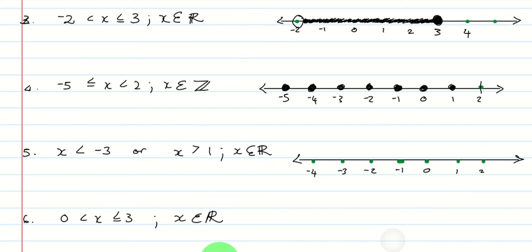Then I basically say, well, can x be -4? Yes, -4, because x is going to be less than -3. But is that -3 included? No, it's not included. So I draw a dot.